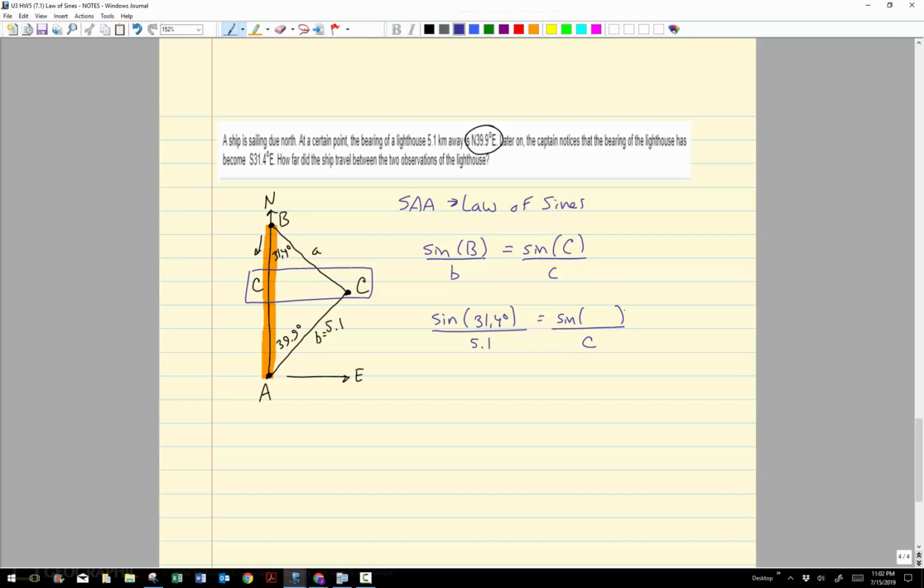Well, finding angle C isn't too bad. So angle C is equal to 180 degrees minus 31.4 degrees minus 39.9 degrees. So let's go ahead and see what that equals. Let's pop in our calculator.